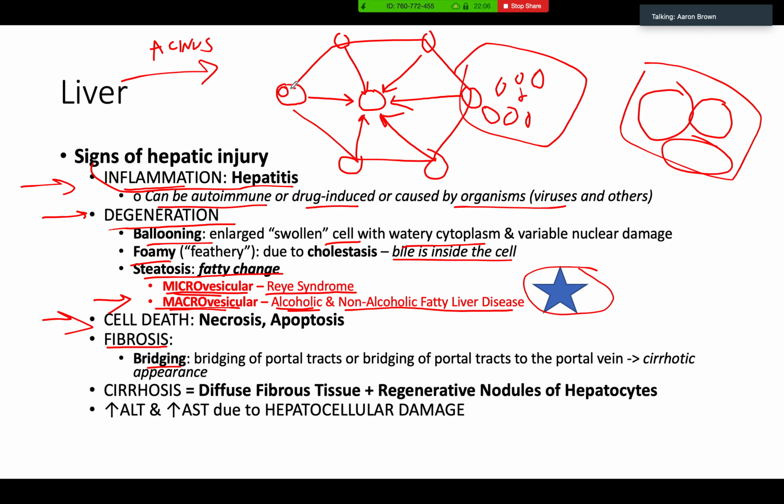We have the hepatic artery, which is bringing oxygenated blood to the liver. And then we have the hepatic duct, which is taking bile away from the liver. Okay? But all of the blood flow from this portal vein and from the hepatic artery, all of that blood flow is passing towards a central hepatic vein. Okay? It's all moving in this direction.